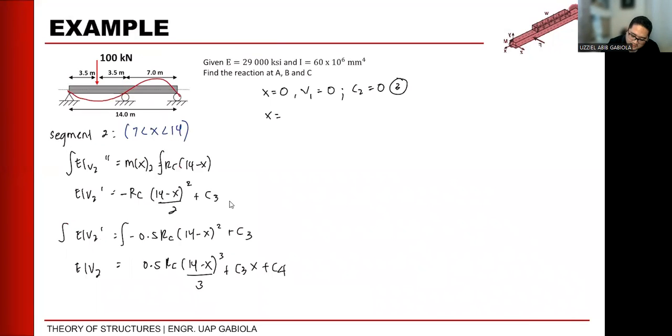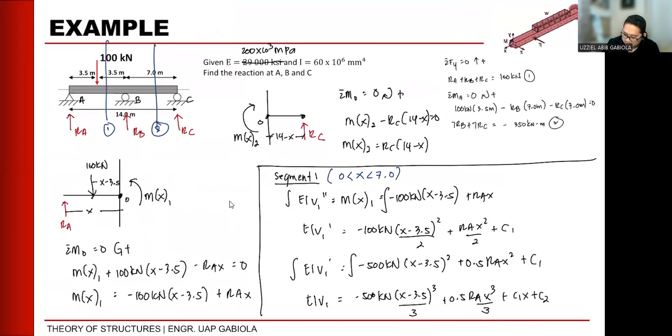So kung considering yung segment 1, x is equals to 7.0. And then, yung V1 natin doon is equals to 0. Ano mangyayari dito ngayon?